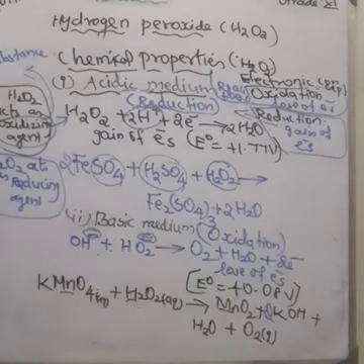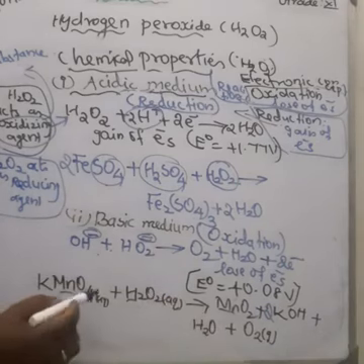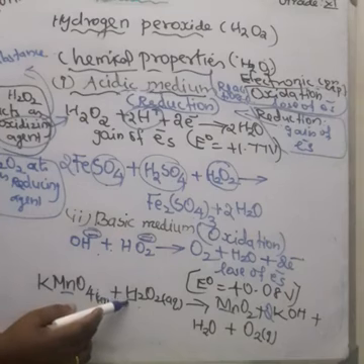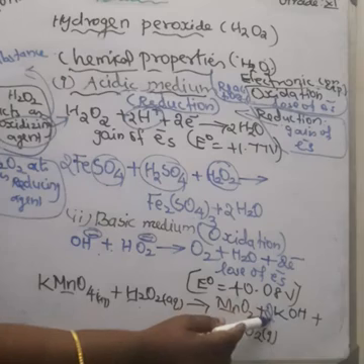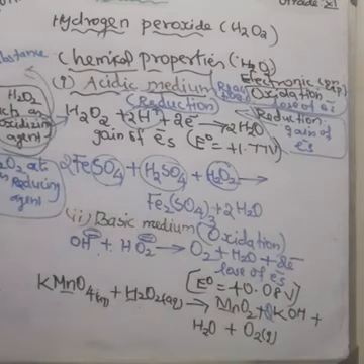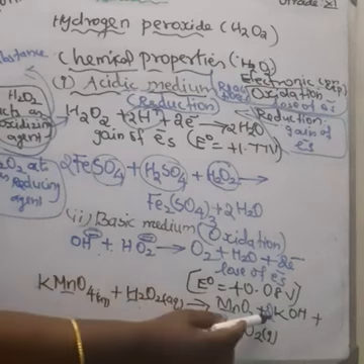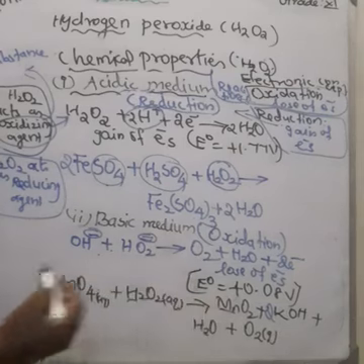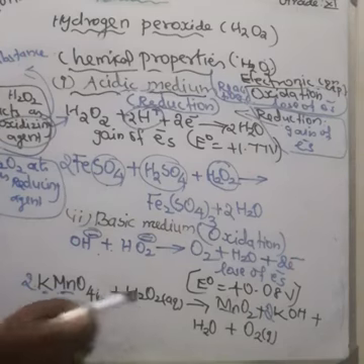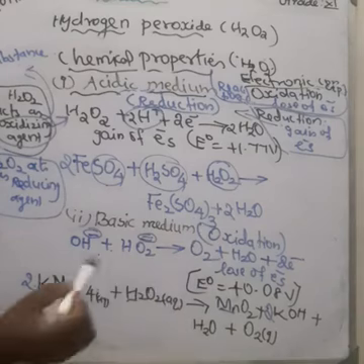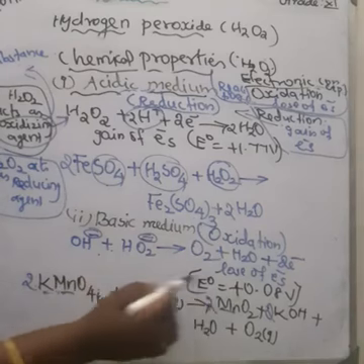Now 4 hydrogen, but there only 3 plus 1, so we make it 2. Now hydrogen is balanced, but potassium is not. Only 1 potassium here, 2 there, so we make it 2. Now manganese has only 1, so we make it 2. Now potassium, manganese, and hydrogen are balanced.